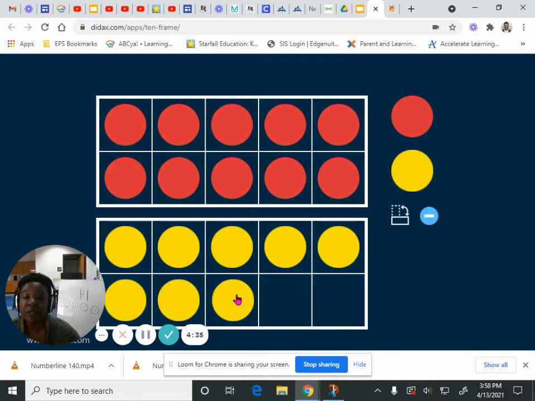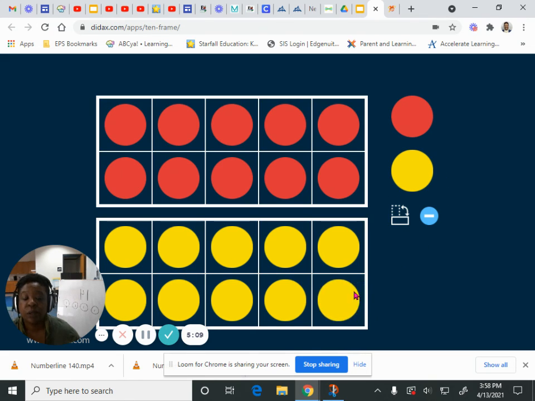Let's add another one. How many now? I have a group of 10 and 8 ones. So I have the number 18. If I have a group of 10 and 9 ones, what number do I have? 19, because 19 is one group of 10 and 9 ones.